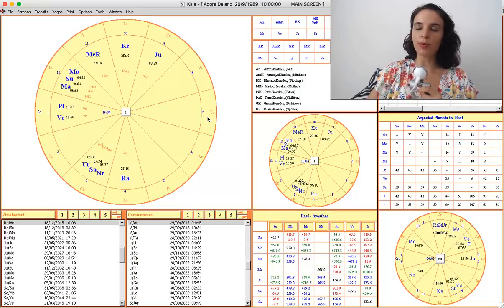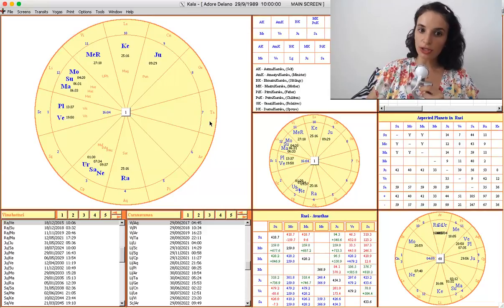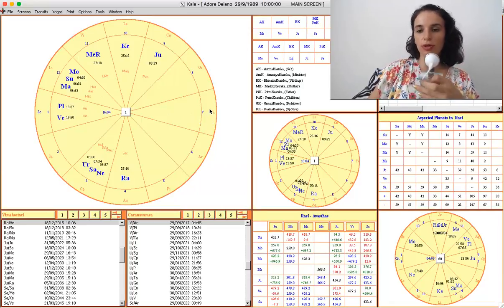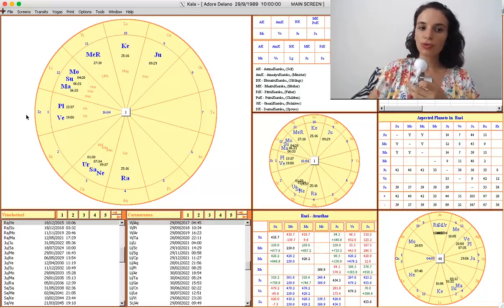Okay, now we're going to the 7th. As we spoiled earlier, the 7th from the 7th is the 1st. So let's count to make sure. 1, 2, 3, 4, 5, 6, 7. So counting 7 from the 7th, we get to the person. That very beautifully shows that we are in relationships with other people, which is the 7th, just to find ourselves, to find out who we are, to find out what our path is.